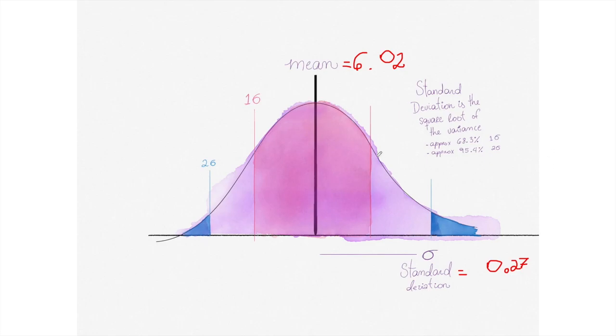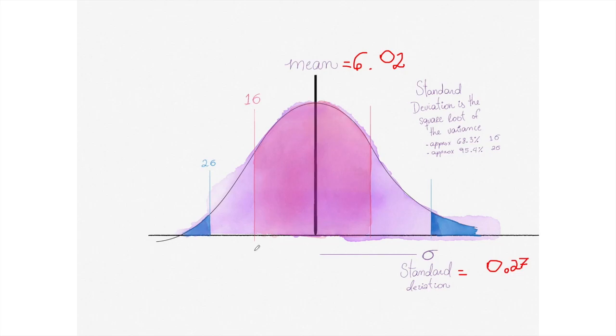Because of Chebyshev, or according to Chebyshev's theorem, we do know that any distribution that approximates a normal distribution can be defined by the mean and the standard deviation. And we also know that approximately 68% of the observations in this distribution lie within the first standard deviation, minus 1 standard deviation or plus 1 standard deviation.